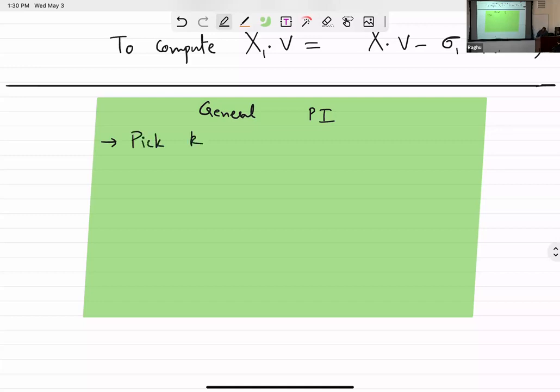So what you do is pick k orthonormal vectors to start with. Let me call them, there are going to be two indices, V01, V02, up to V0k. And then for each iteration, you do this.